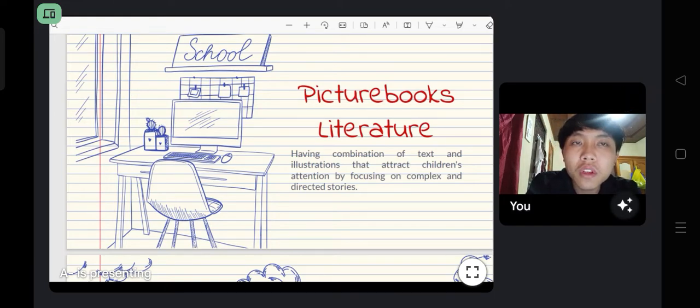Examples of this literature can be found in comics, or in books that have many illustrations, especially books made for children.